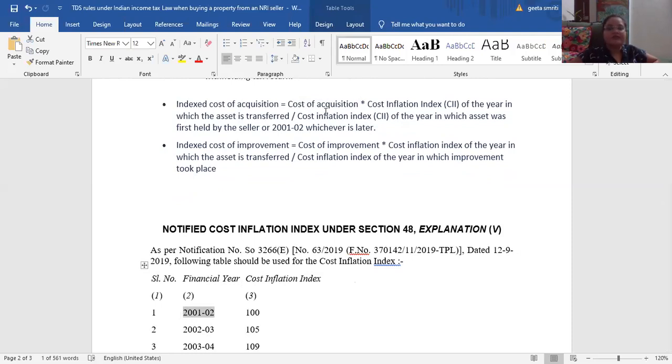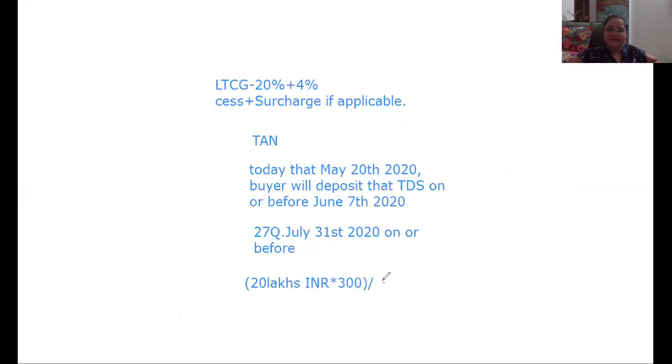Okay, now one thing is to be noted here. Let's consider that this has been purchased in 2001-2 only, so it will be 100 divided by 100.